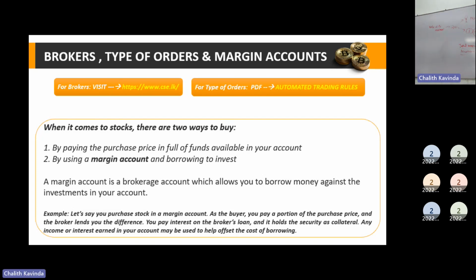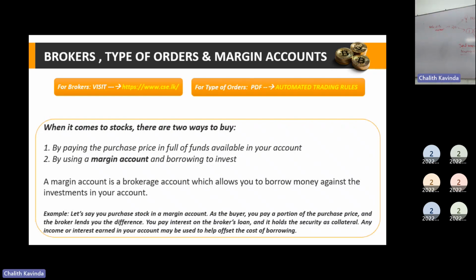And you have another margin, the maintenance margin, which is the value that you have to maintain in the account. Usually you have to keep collaterals, so they keep the value in your CDS account as a collateral.